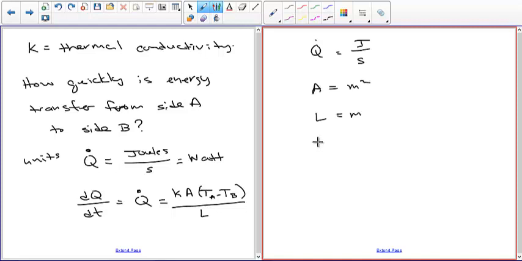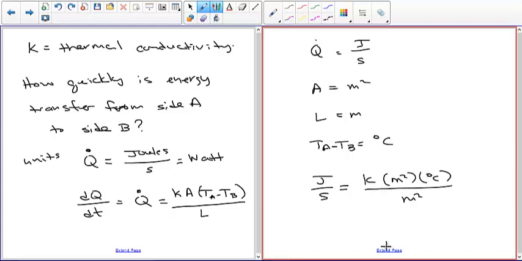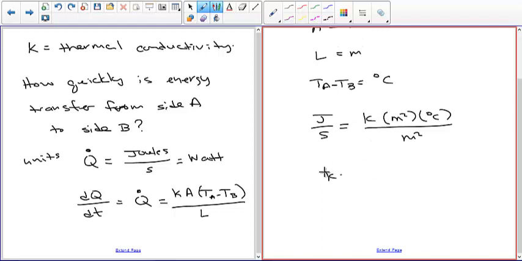The units for T sub A minus T sub B are degrees C or Kelvin. So if we put those in, we'll have joules per second is equal to K, the units for K, times meters squared times degrees C divided by meters.